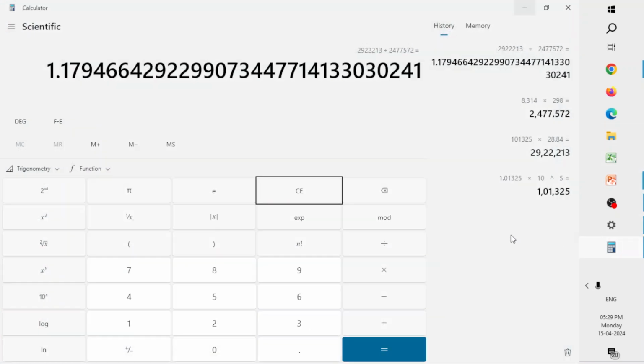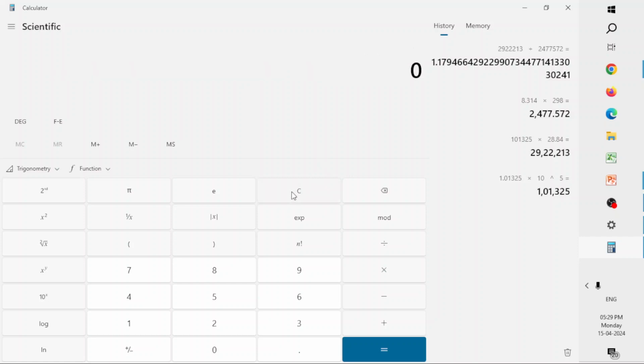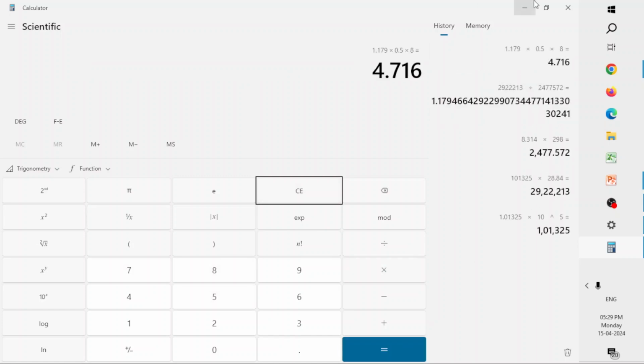So if you calculate 1.179 times 0.5 times 8, this will be in watt per meter square.